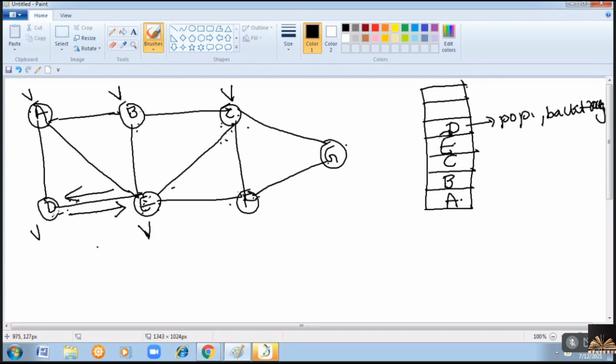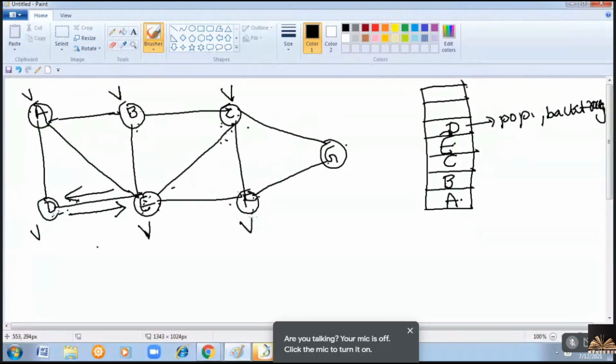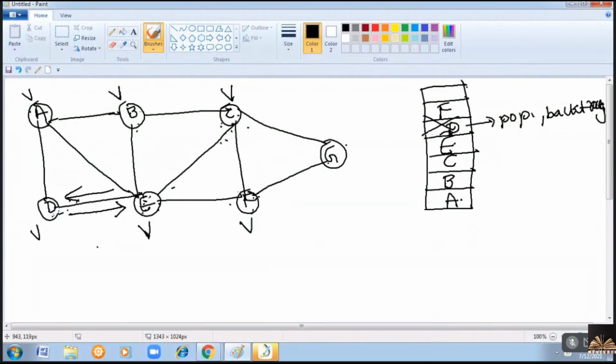Now E is the top of the stack. Visit the adjacent vertices of E which are not visited. So here we have F, which is the only adjacent vertex of E which is not visited. So visit that vertex and insert it into the stack.